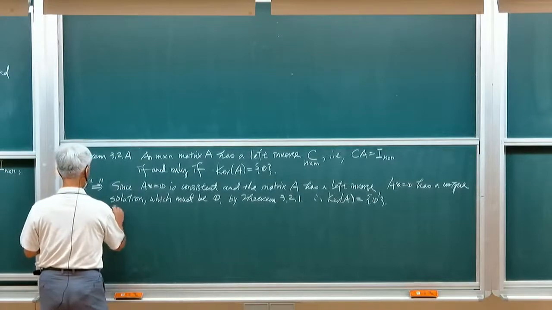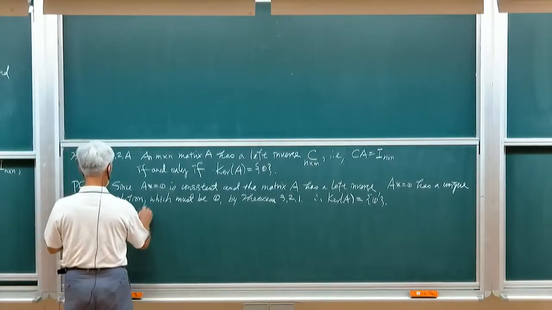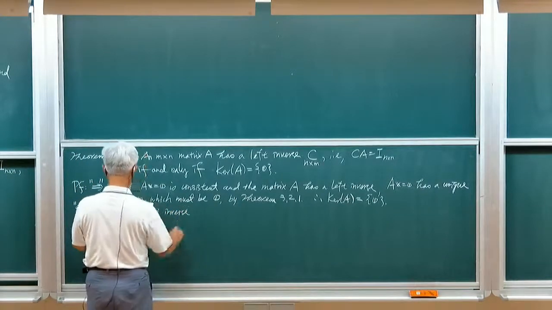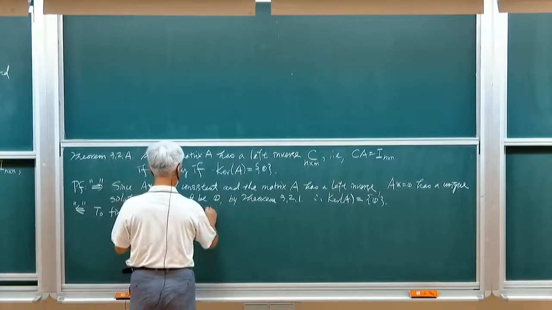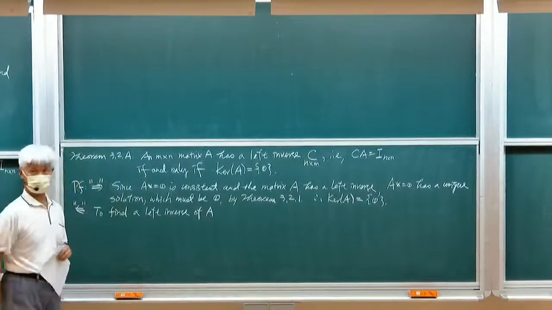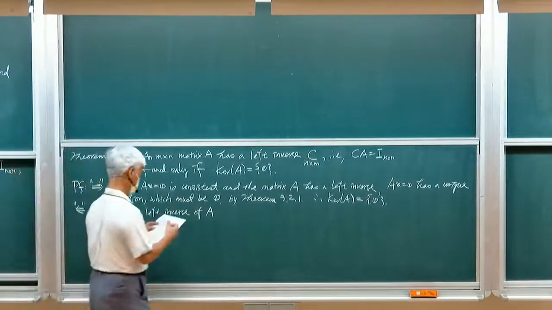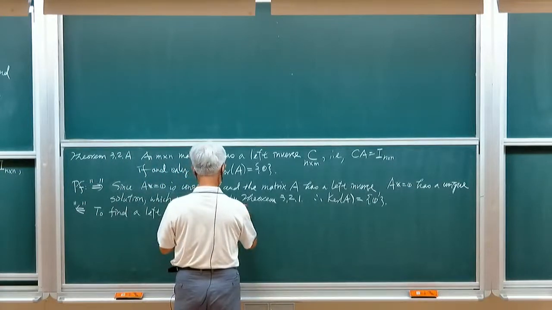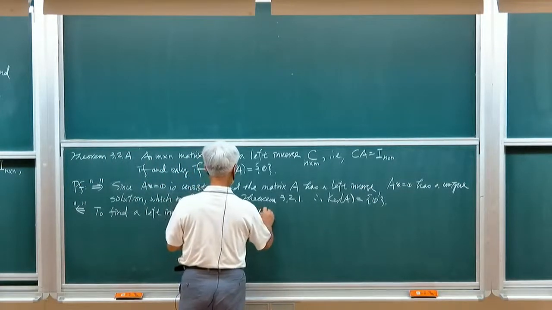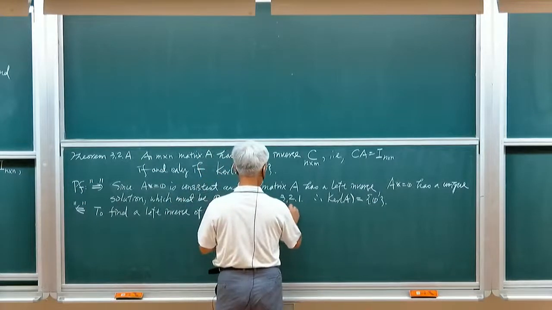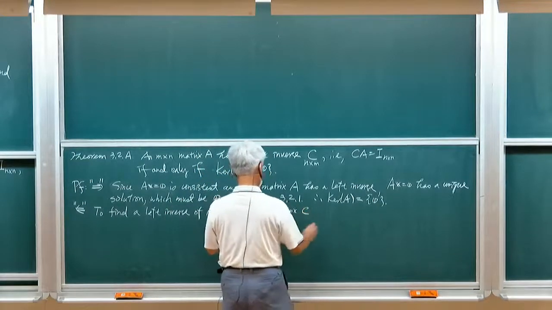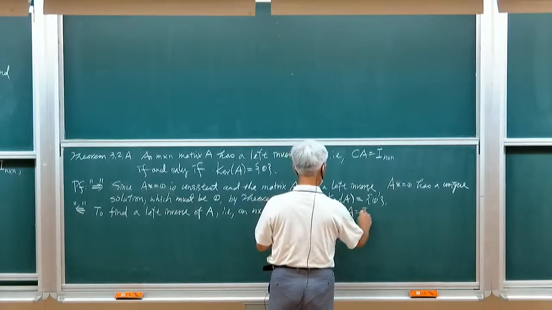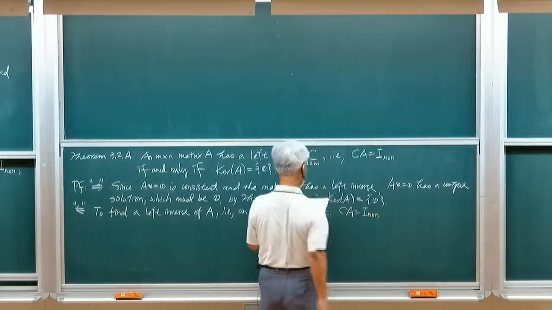So we want to find a left inverse of A, i.e., we want to find an n times m matrix C such that CA is equal to the identity.